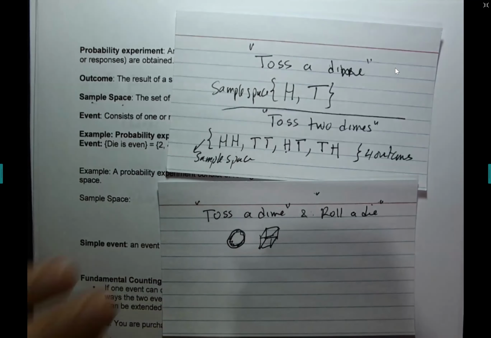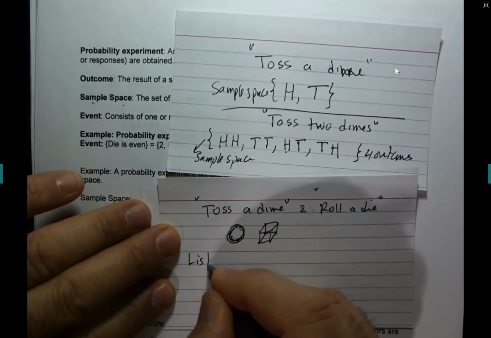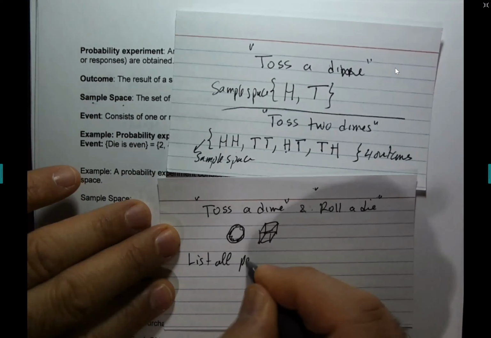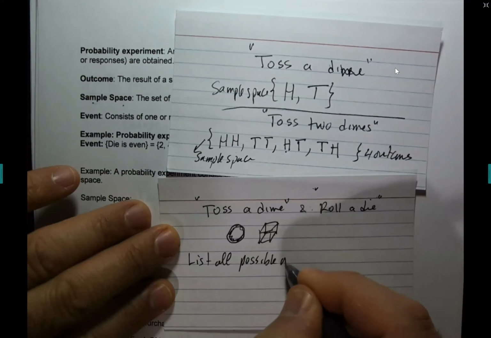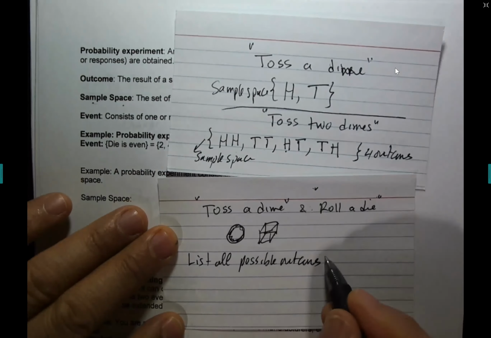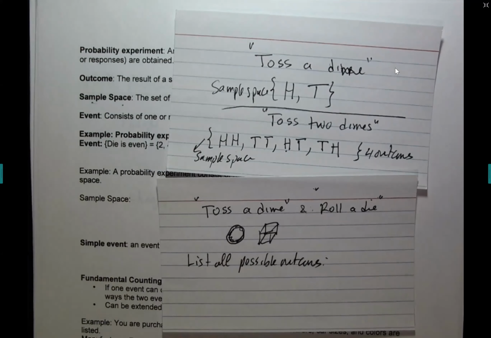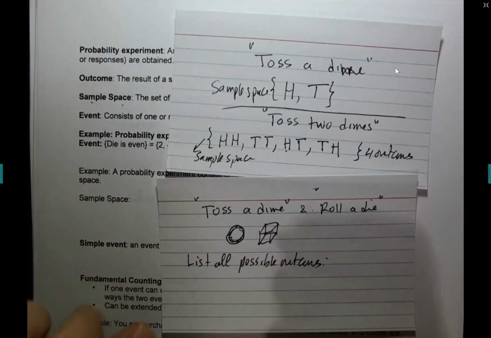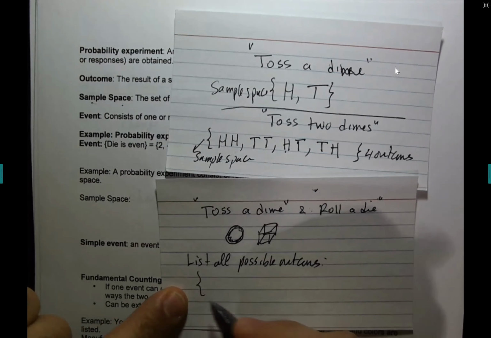Okay, I want to list all the outcomes. You guys can help me start. So we're doing it at the same time. You're doing 2 actions at the same time. Tossing a dime and rolling a die. What are the outcomes? Help me list them, guys.